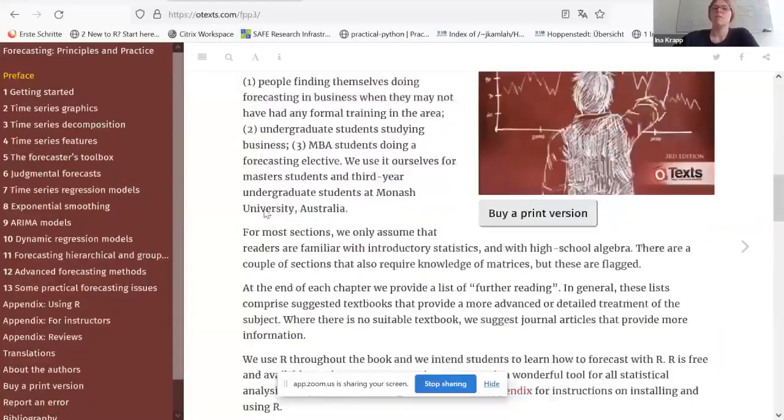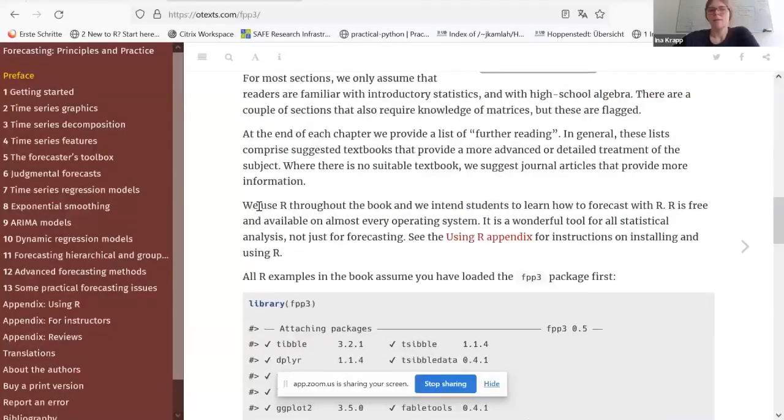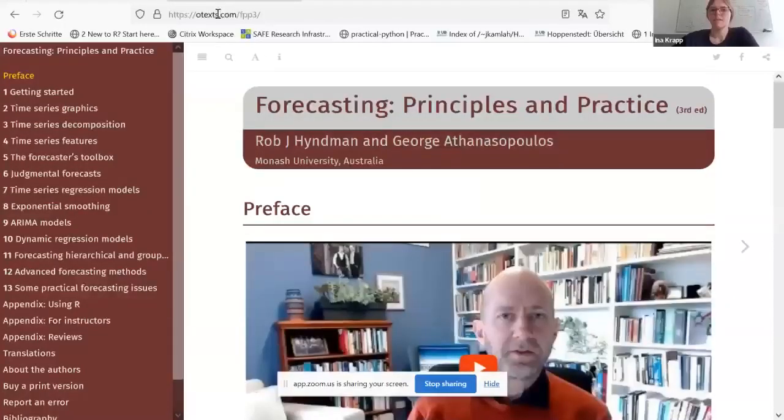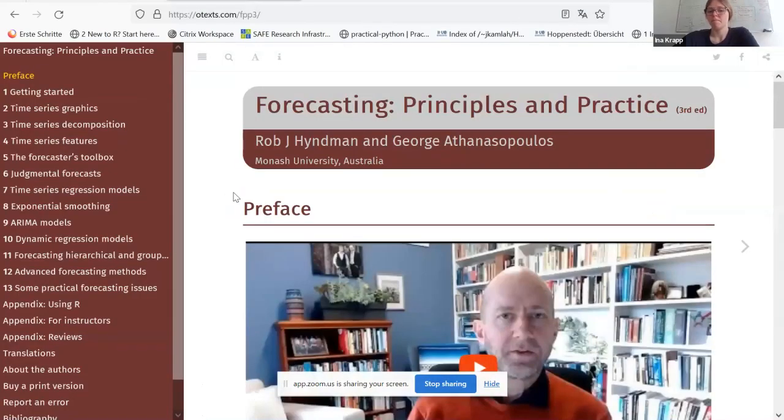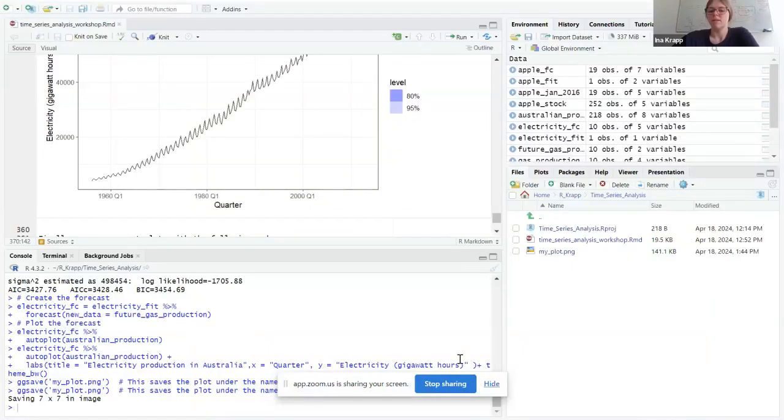The book is available online, completely free. This is the link. You can also find it in the PDF or a Markdown document on the Safe Data Center website. So, if you are interested in learning more, if you would like to try out some other models, for example, so-called exponential smoothing models, which we could not cover here, then I highly recommend you take a look at this.